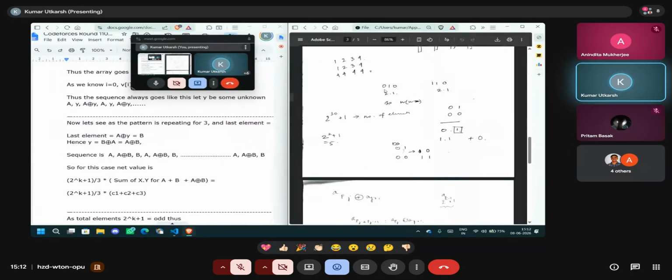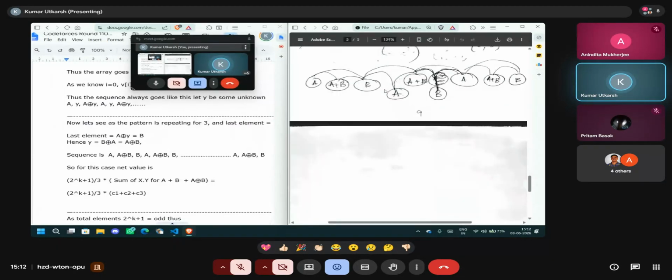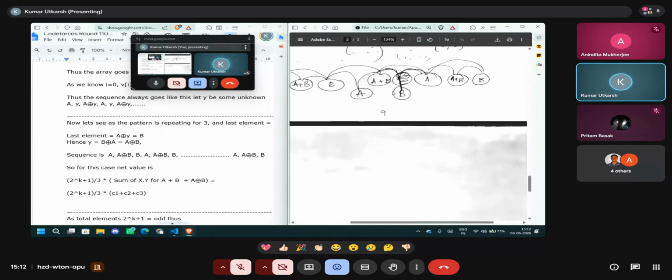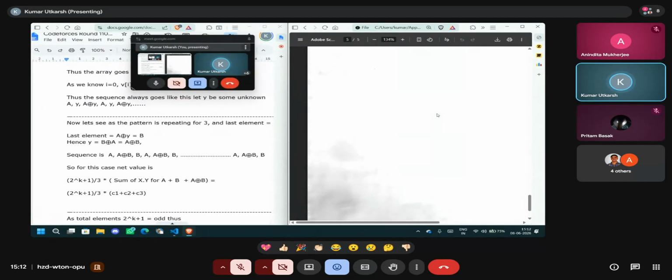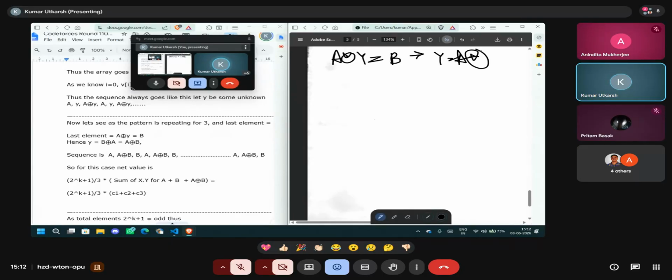Right. So what I meant was, look, here we have 9 elements, right? And we are repeating in 1, 2, 3, 1, 2, 3, and 1, 2, 3. So the last element is B. We are getting an even distribution. So the last element we are getting here will be A XOR Y, and it will be equal to B, which gives us Y is equal to A XOR B. I hope you are clear with this.